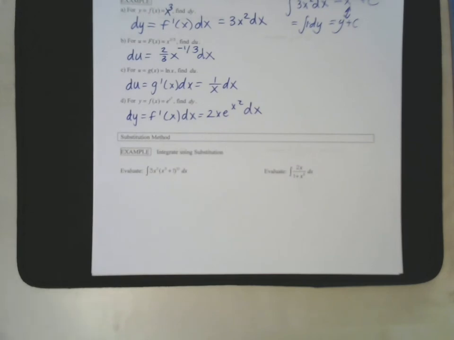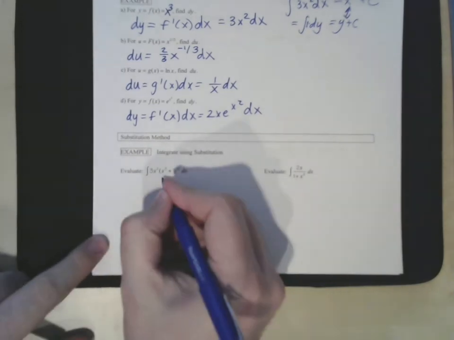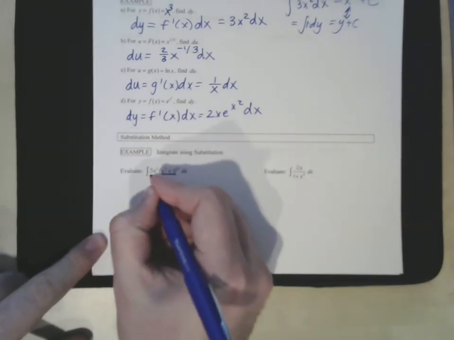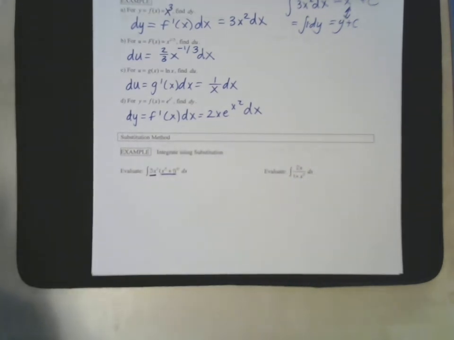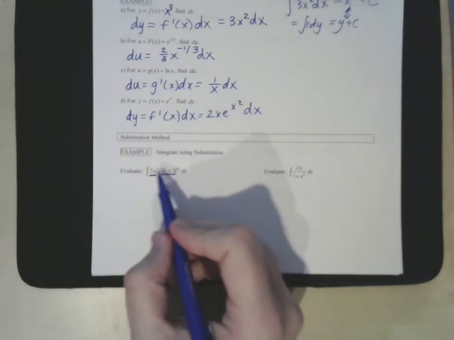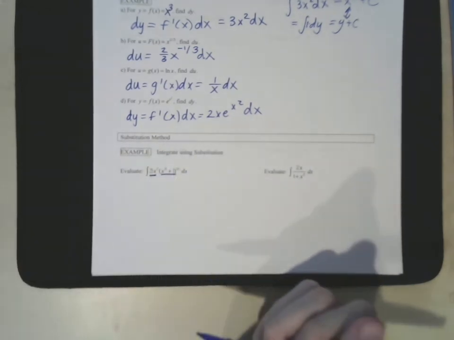So let's start with this one, the integral of 3x squared times x cubed plus 1 to the 10th. So we have two basic functions here, 3x squared and x cubed plus 1. The trick with substitution is we don't have a product rule for integration. So what we're implying is that one of these is the derivative of the other.